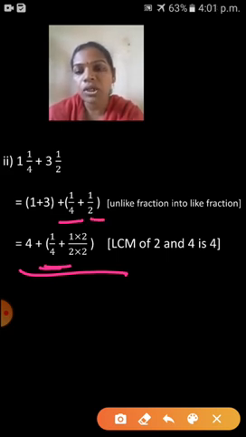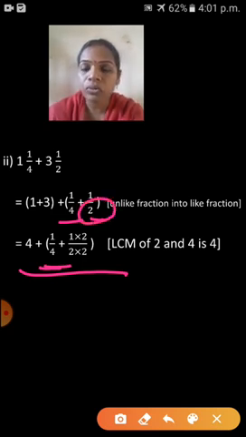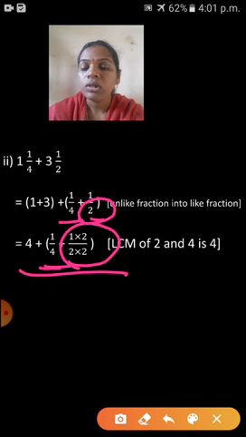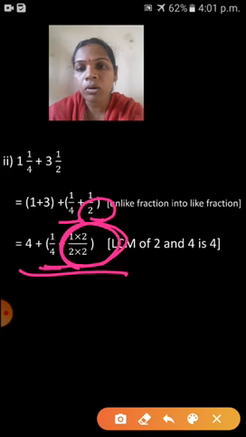And the next fraction you have to see is 1 upon 2. Here I have to convert this 2 into 4. How do we do it? Yes, if you multiply that 2 with 2, you will get 4. I have already told you, if you multiply or divide the denominator with one number, you have to do that same operation in the numerator also.